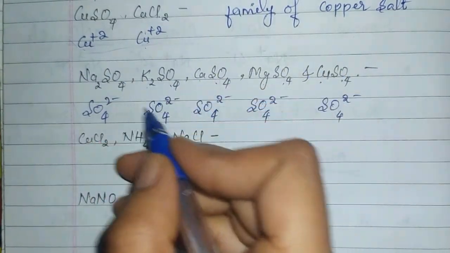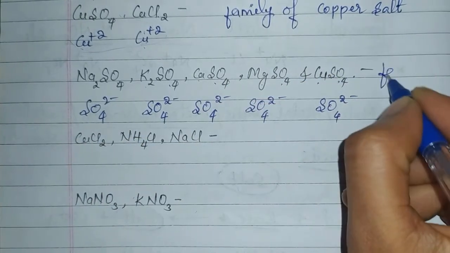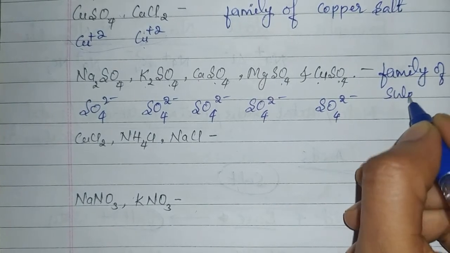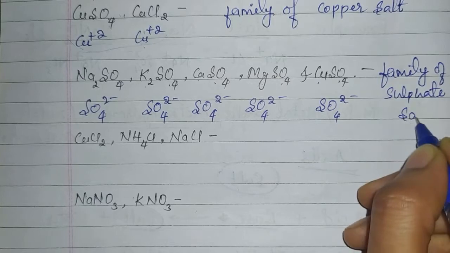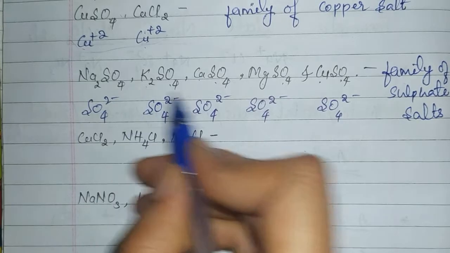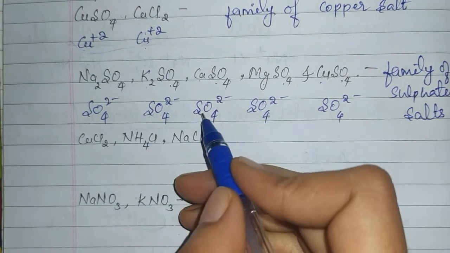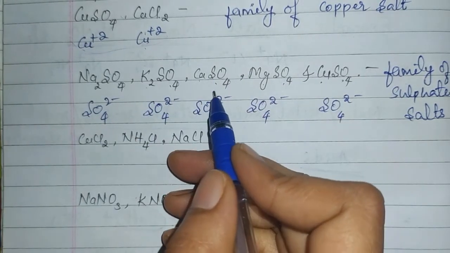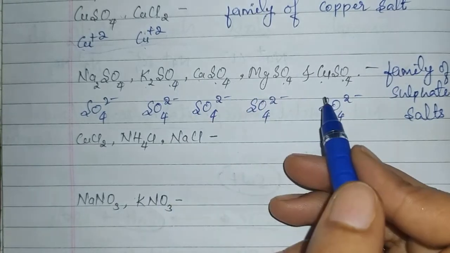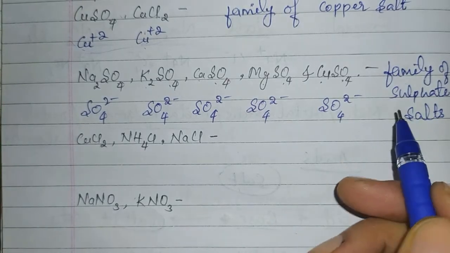Therefore, this family is said to be the family of sulfate salts, because here the anion is common in all the salts. On the basis of the type of anion present, we categorized this group of salts into the family of sulfate salts.